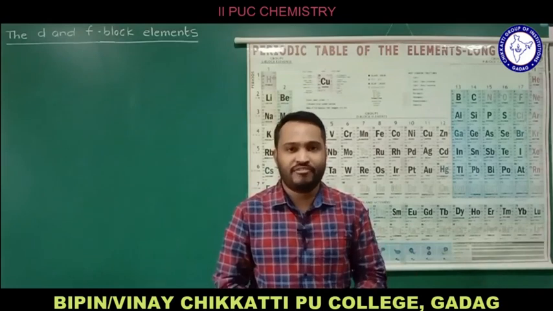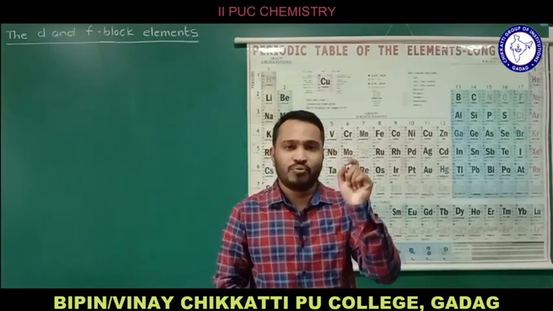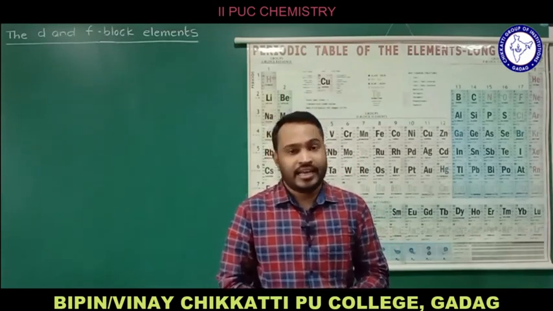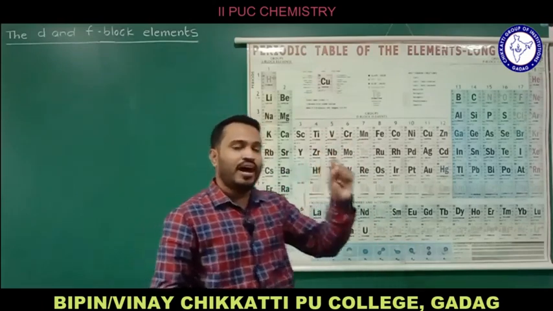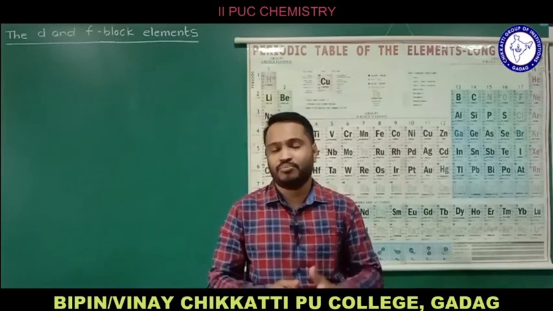One more way you can define it: whenever you go on adding one electron in the valence shell of elements, here in the case of d block elements we are going to add it in the (n-1)d atomic orbital.